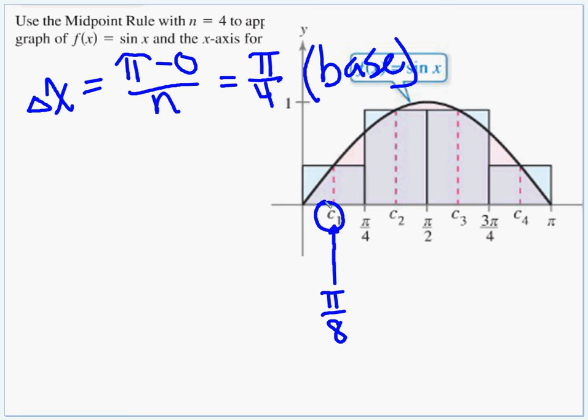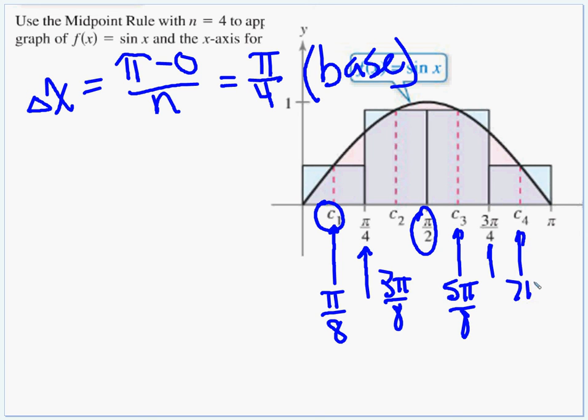So our first midpoint would be pi over 8. And then we can count by eighths. 1 pi over 8. That's 2 pi over 8. So our next midpoint would be 3 pi over 8. Then this one is 4 pi over 8. Here would be 5 pi over 8. 6 pi over 8 is an endpoint. And then here we would have 7 pi over 8.